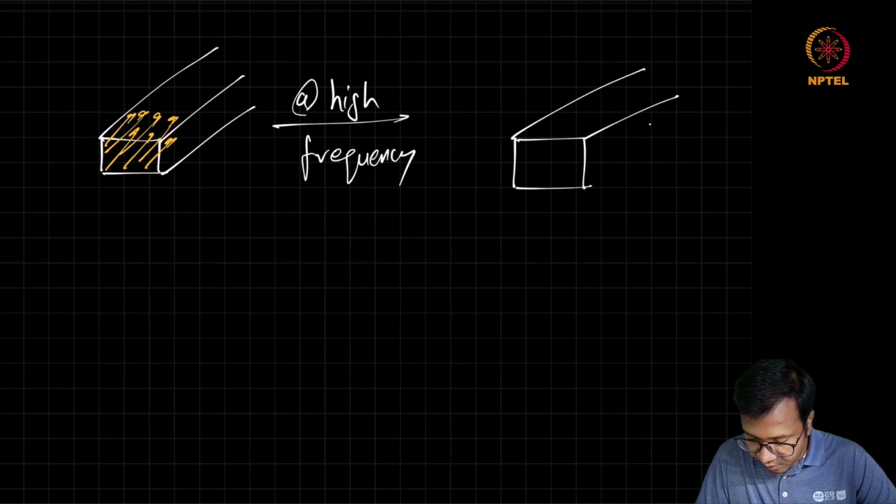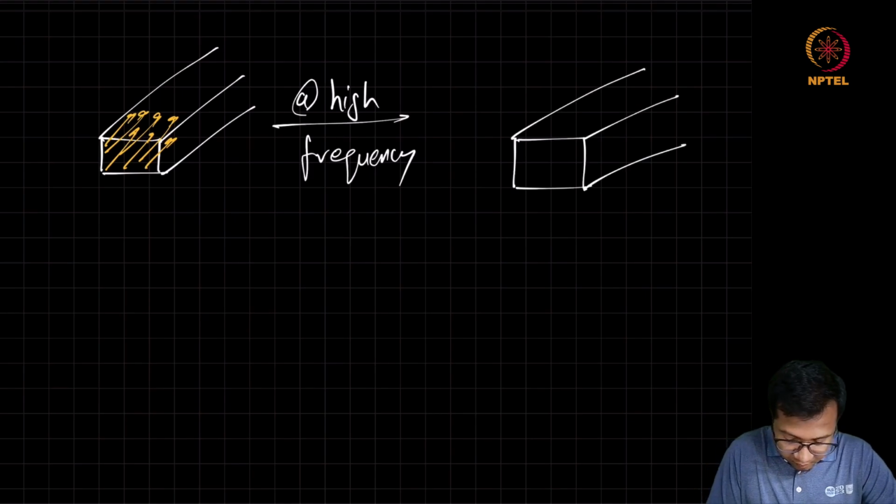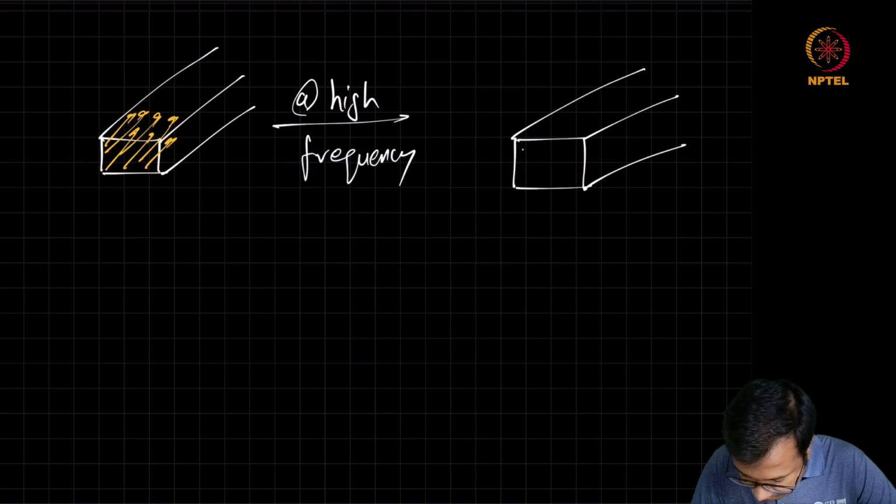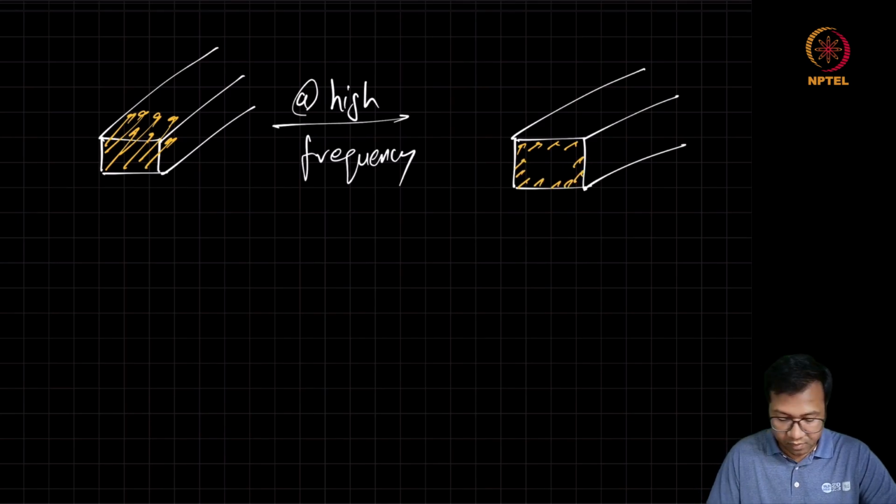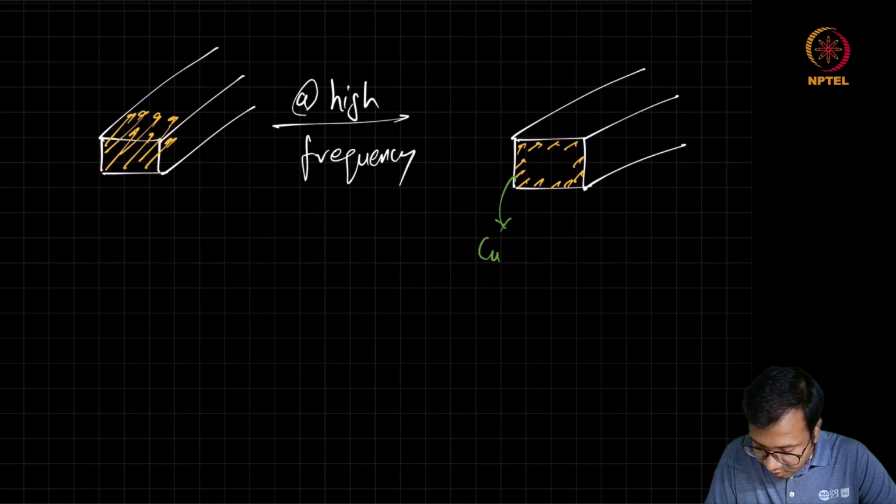So at high frequency we will see currents only crowding near the surface. This is your current crowding.